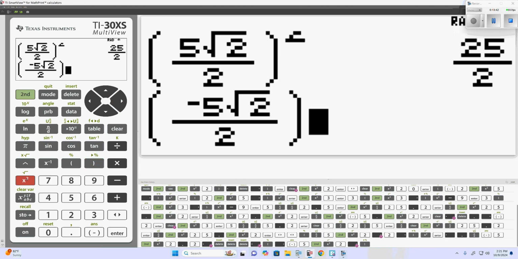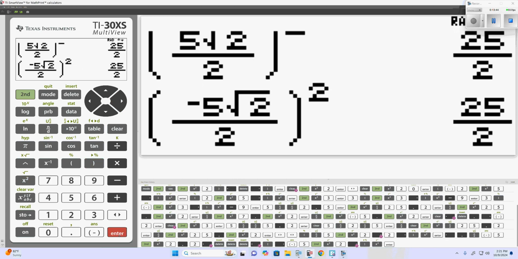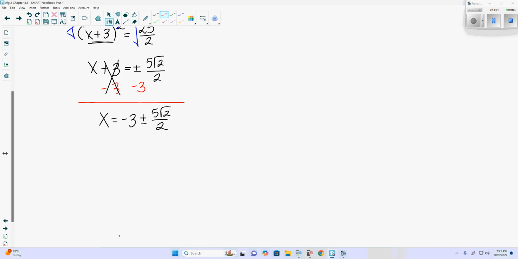And if we square this, we multiply it by itself, we also get 25 over 2. So the square root of 25 over 2 is positive and negative 5 square root of 2 over 2. The plus or minus? Yes, because if we take the square root of both sides, we need the positive and negative case.